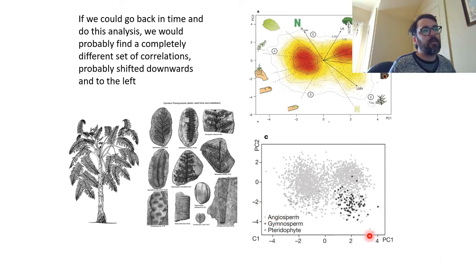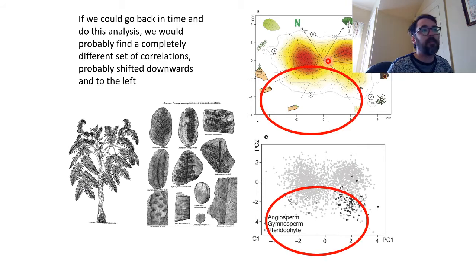So it might be worth thinking about, if we went back in time to the evolution of mosses in the Ordovician and all that different stuff, that maybe some of this would have been shifted down, but maybe some of these correlations would be completely different for different sets of plants. Yeah, it might have been shifted downwards, right? In a world where we had a lot of mosses and ferns and conifers.